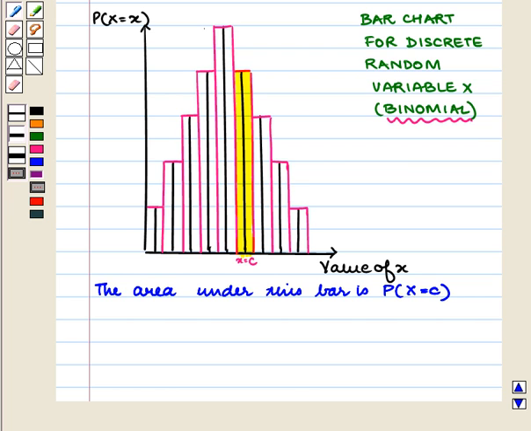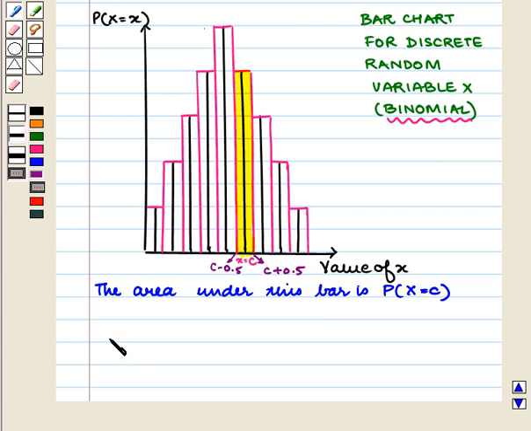This shows probability graphically. Now suppose we want to calculate it algebraically. Now see, the area of the bar drawn at x equal to c lies between the points c minus 0.5 and c plus 0.5.